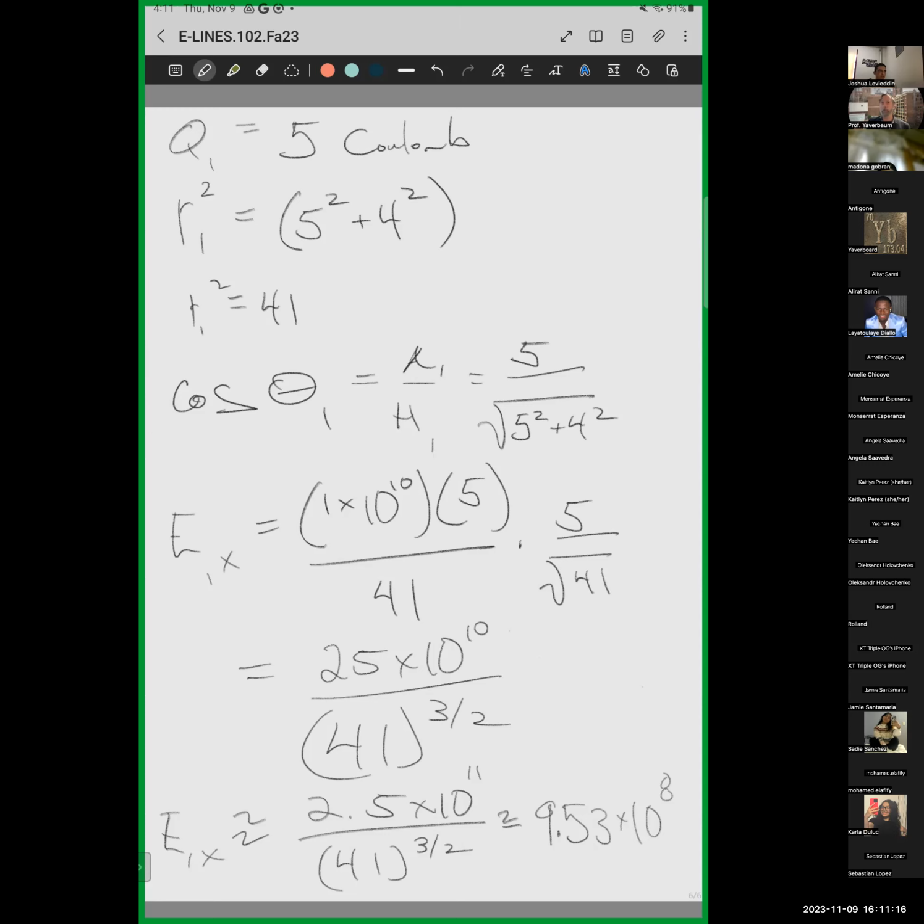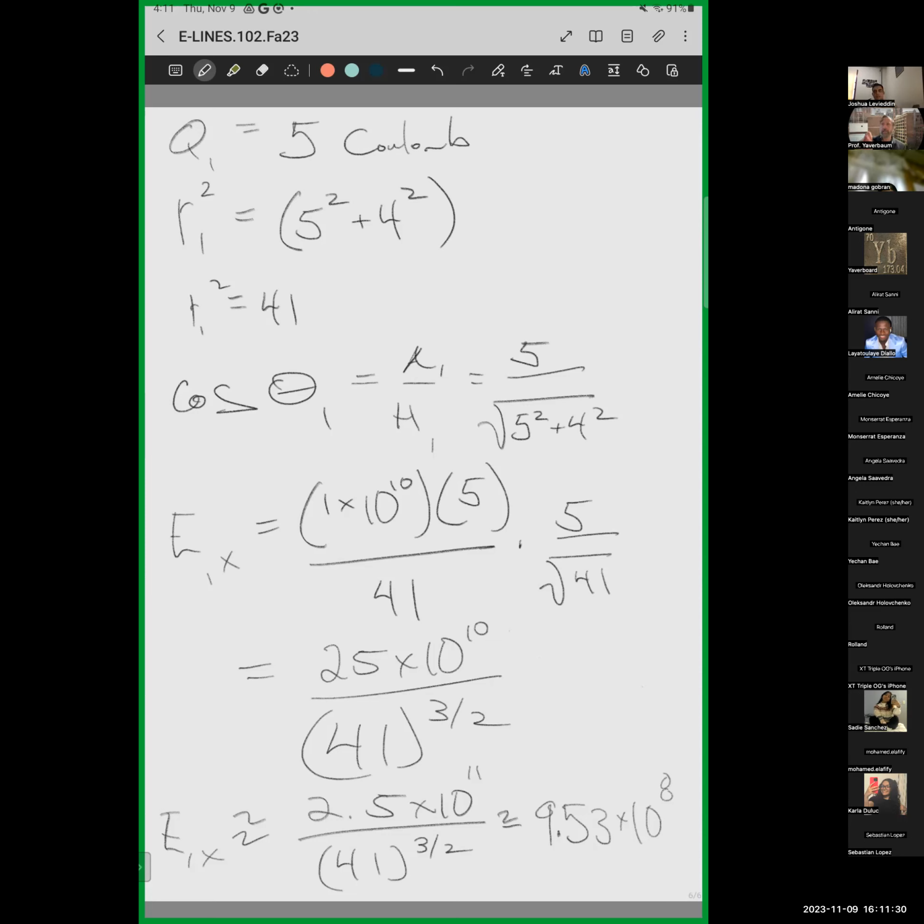We're building that arrow from four pieces, two horizontal pieces and two vertical pieces. This is the first of the two horizontal pieces. This says that just due to Q1, if a one Coulomb charge found itself at the origin, it would be shoved to the west this hard. I don't mean it's going to move to the west that fast, or that far.